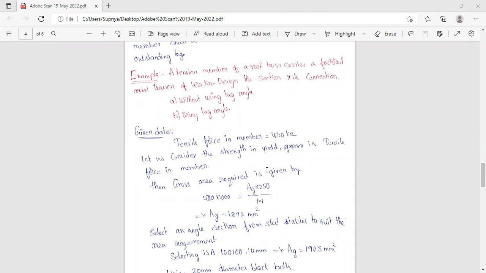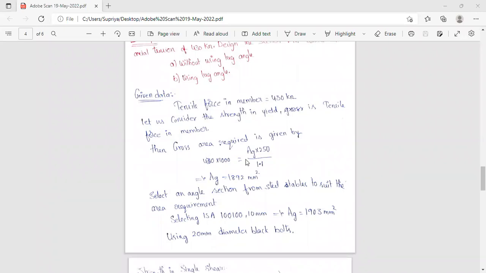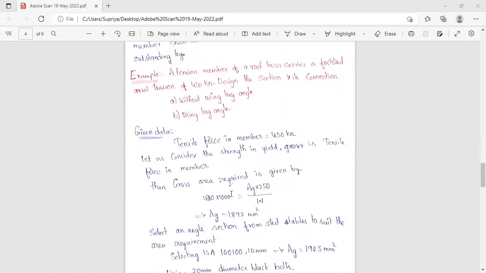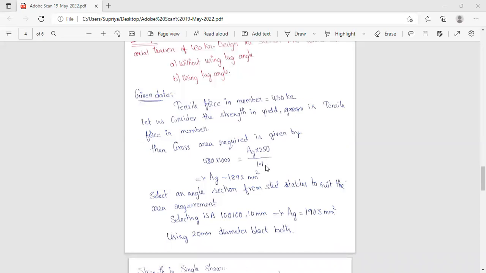So then the gross area required is given by, so what is the gross area? Tdg is equal to Ag into fy by gamma m0. Okay, so tensile force in member is 430 kilonewtons. If you convert it into newtons, 430 into 1000 equals Ag into 250 divided by 1.1. And from this you can get Ag equals 1892 mm square.